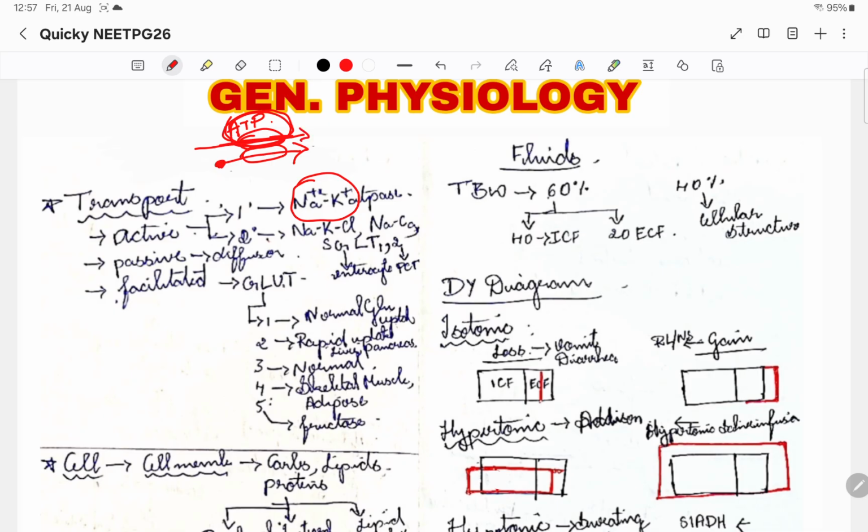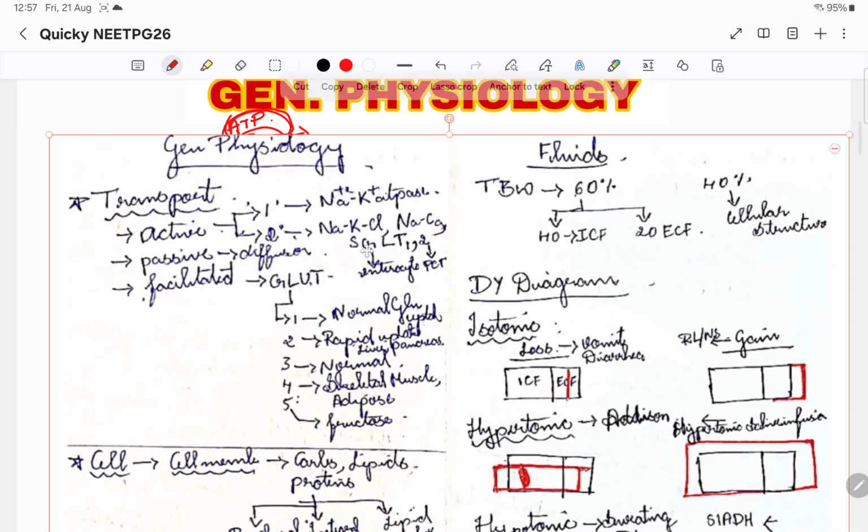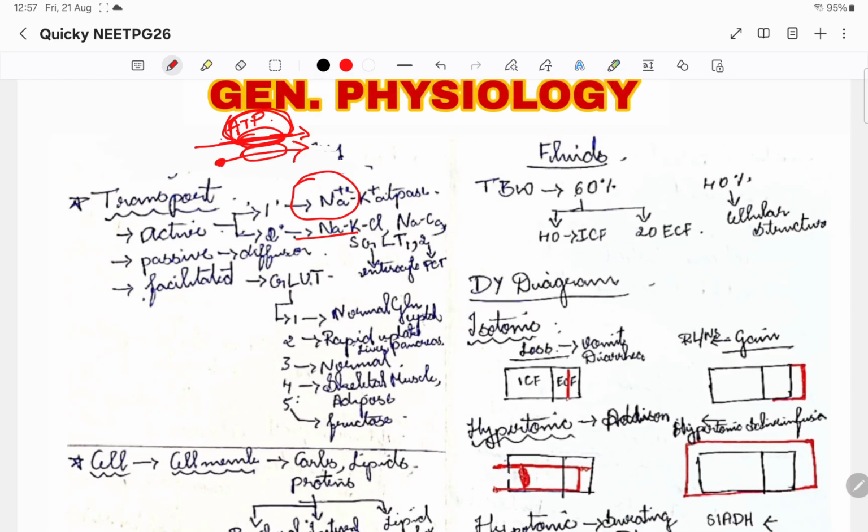Examples are the sodium potassium chloride pump, the sodium calcium pump, or the sodium glucose co-transporter. The sodium glucose co-transporters are SGLT1 and SGLT2, where the sodium is getting transported using ATP, but the glucose is also going along with it. Because of the pump mechanism of one transport, the other substance is also getting transported. That is the basic mechanism with respect to primary and secondary active transport.